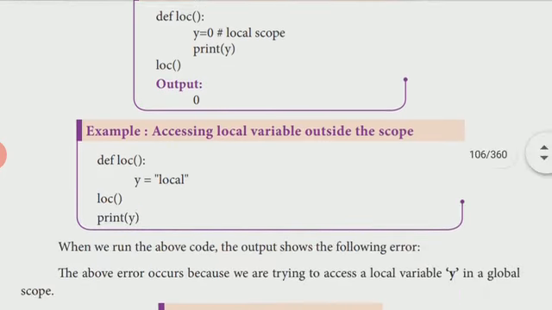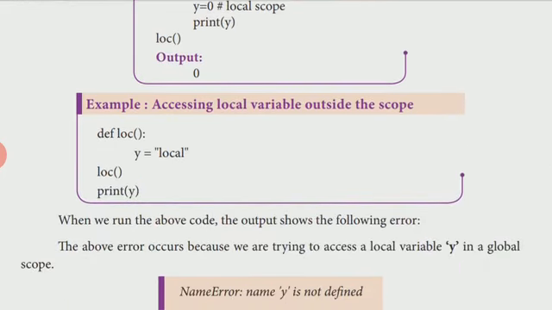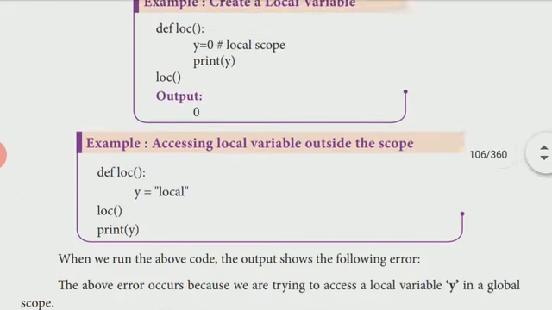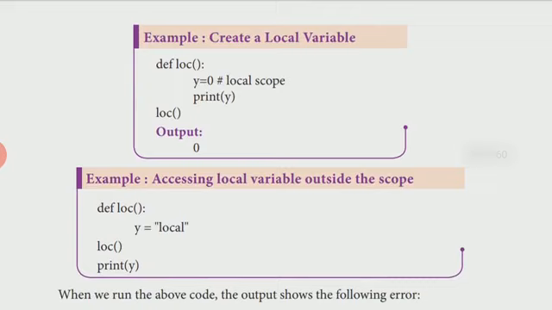Next, def local, y equal to 0, they called the local function, then again they gave a print statement, print of y. See that the output came as an error: name y is not defined. So you have to use that local variable within the function itself.